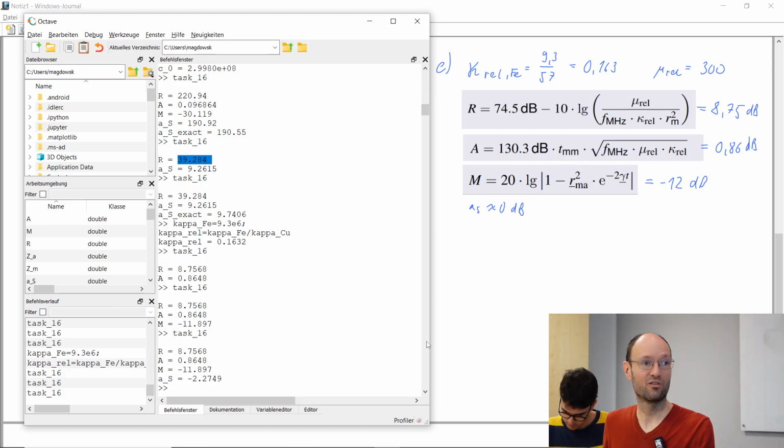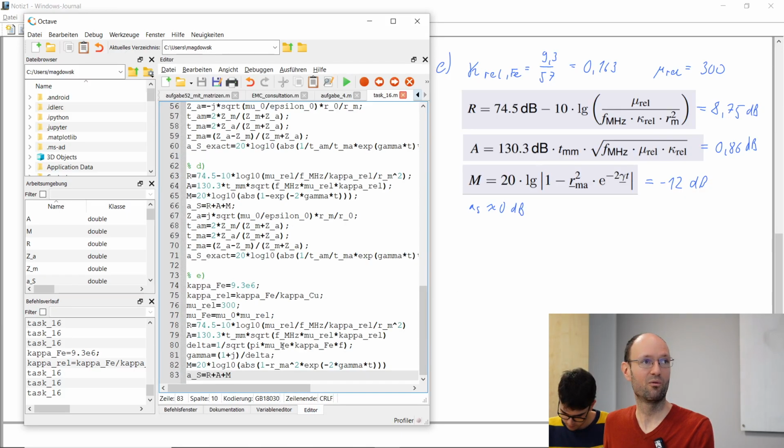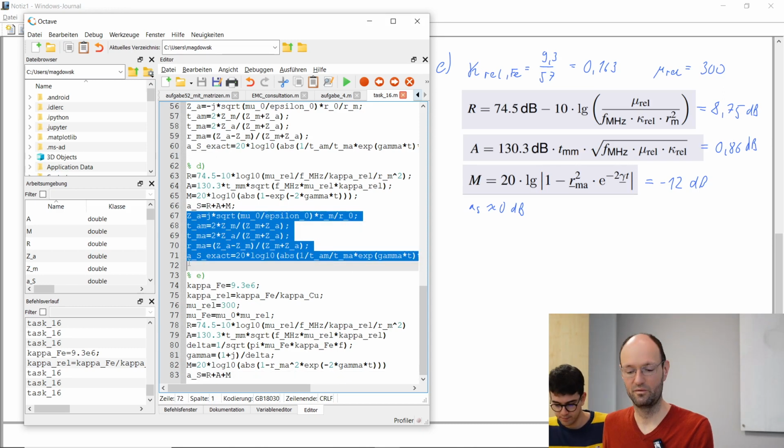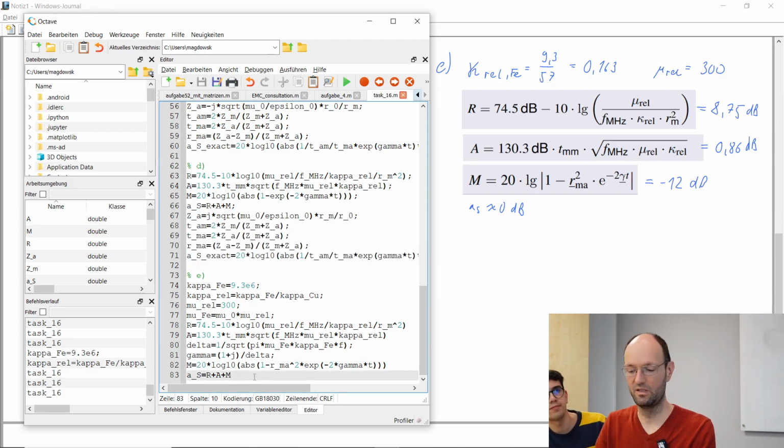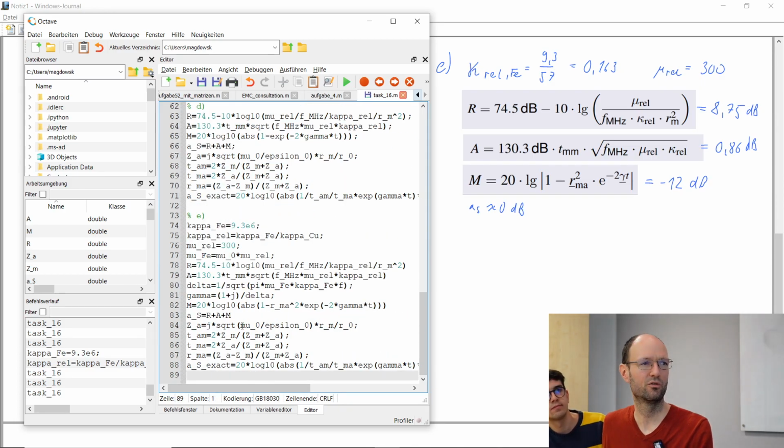What we can, of course, do and try is to take our exact formulas. So we have already recalculated delta and gamma. So I would just copy the remaining terms here. The wave impedance in air should not change because it's still the same source. But the wave impedance in metal, of course, changes.